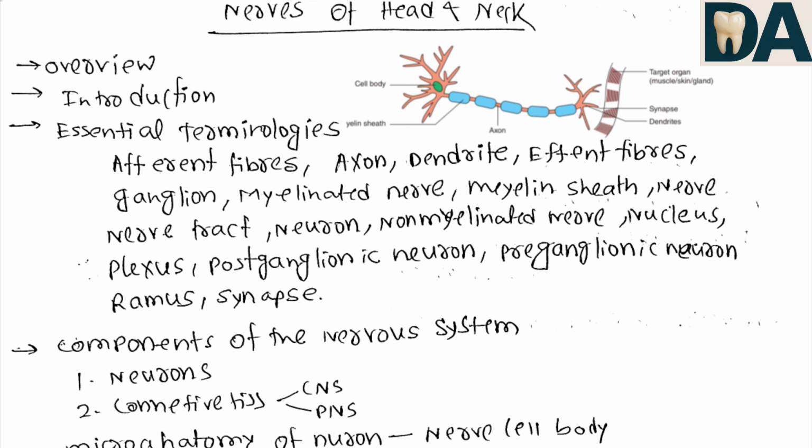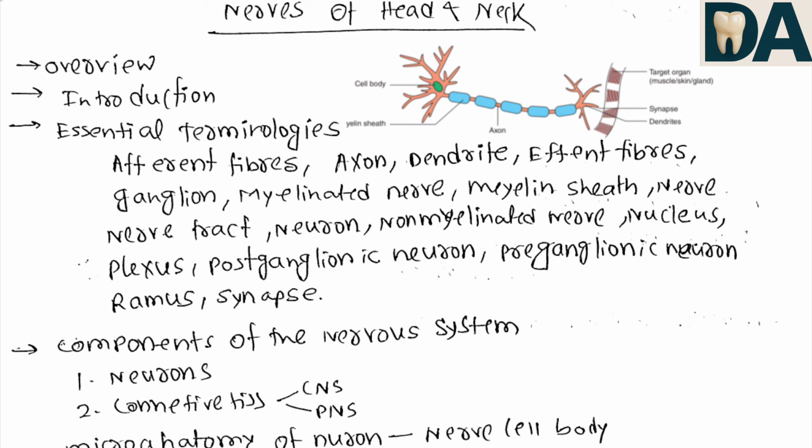Senses the various internal and external stimuli. 2. Integrates or coordinates the various activities of the body. 3. Directs individual organs to perform specific functions at specific times in response to stimuli.